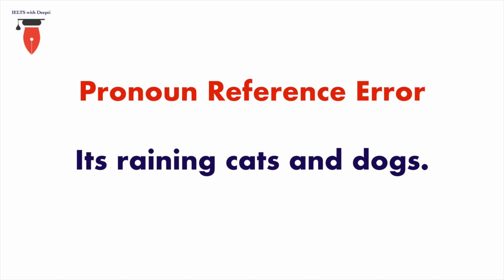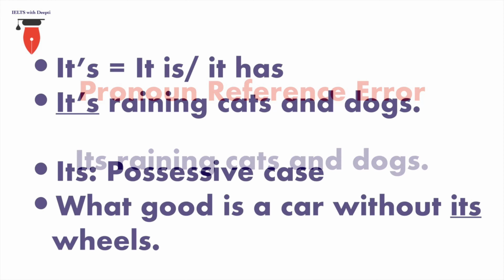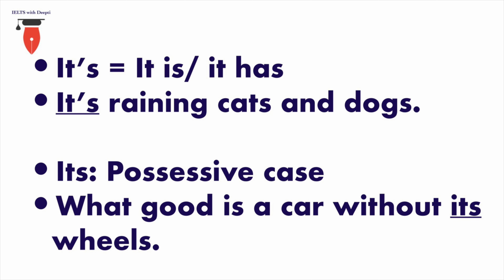Let's try and identify. It's with an apostrophe and its without an apostrophe are two different words. And so both the words are used in a different way. They have different meanings. It's with an apostrophe is a shorter way of writing it is or it has.